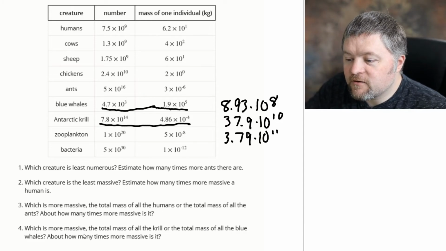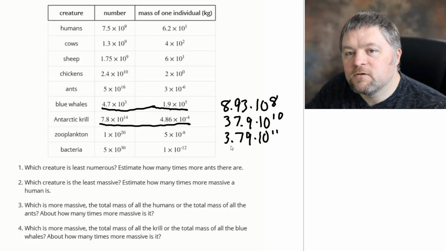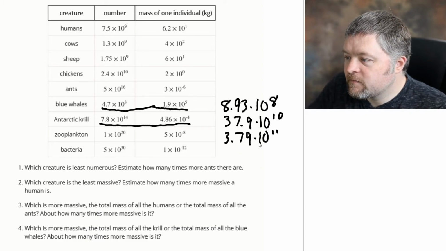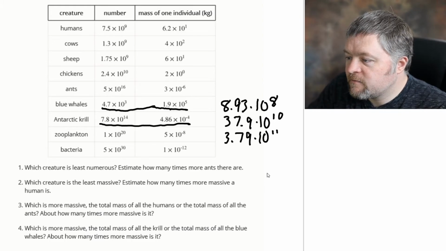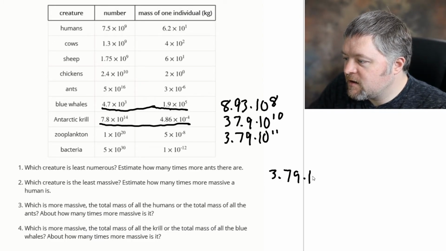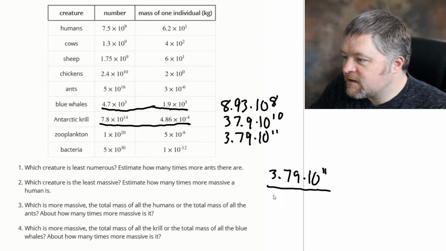Now we have to figure out how many times more massive it is. So dividing again, we want to divide the larger number by the smaller number. 3.79 times 10 to the power of 11 divided by 8.93 times 10 to the power of 8.